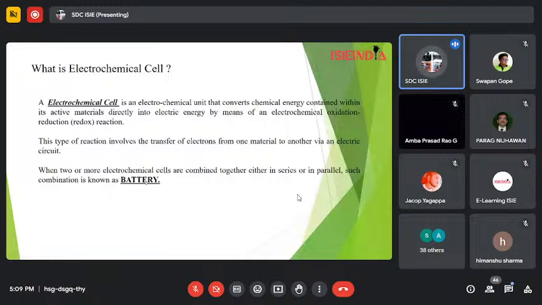So these types of reaction involve the transfer of electrons from one material to another via the electrical circuit. We are generating electrons here.